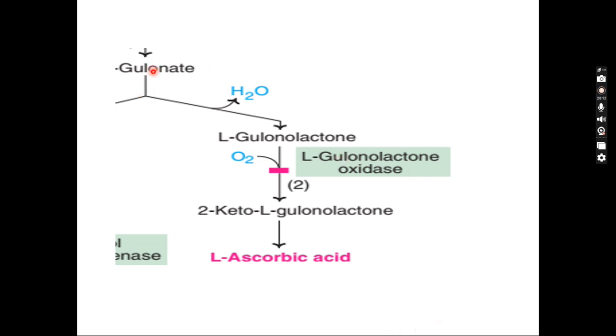So as for this fate, we'll still look at the fate of this uronic acid or L-gluconate, where it's going to be diverted into doing other things, like in the production of proteoglycans and glycosaminoglycans.